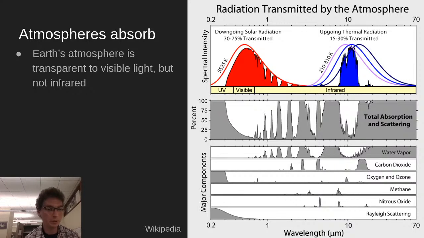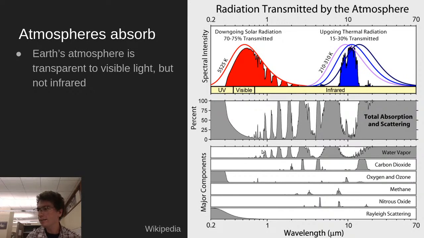Otherwise, we're not going to be able to see very far in front of us, and seeing wouldn't be that useful. But as we go to redder wavelengths, to longer wavelengths in the infrared, there start to be these really big absorption features where all of the light gets absorbed by the atmosphere. It can't make it through the atmosphere.